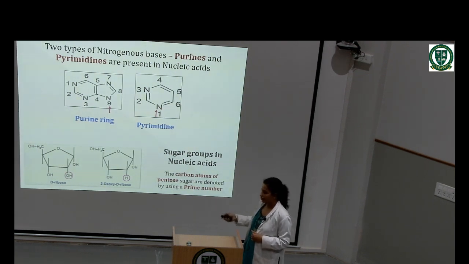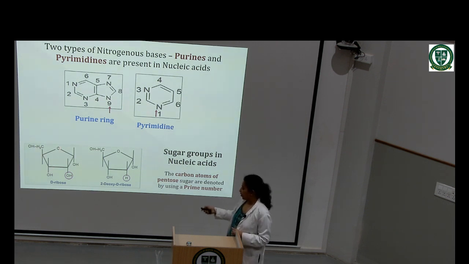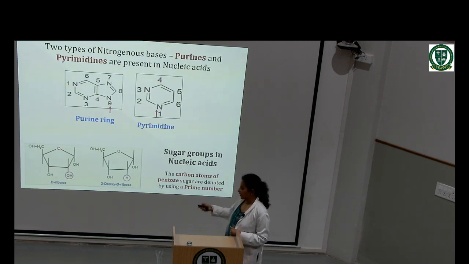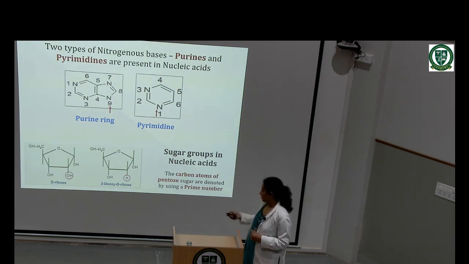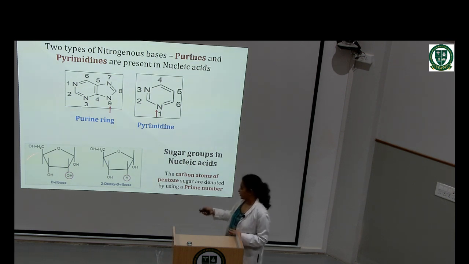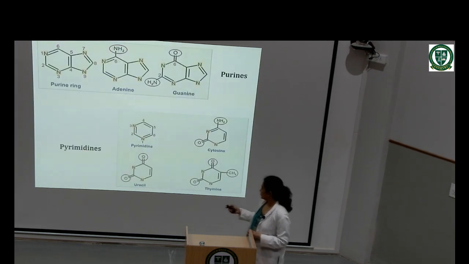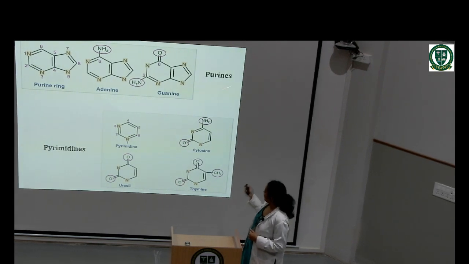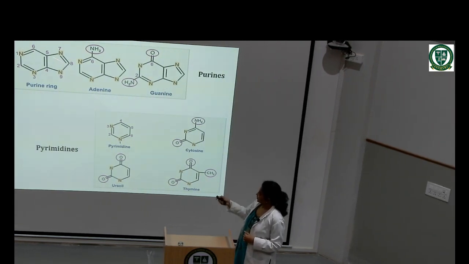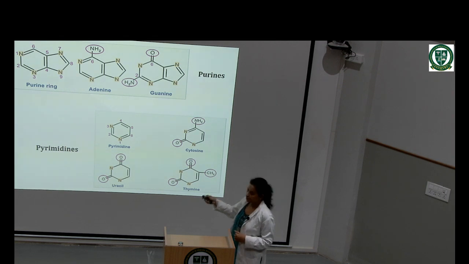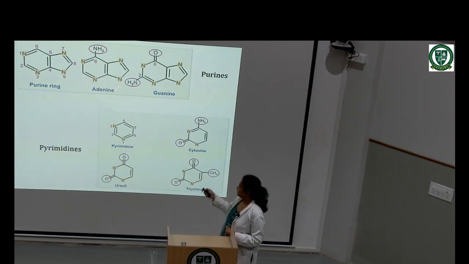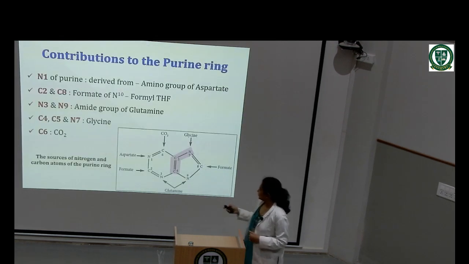And you have to remember that the numbering of the carbon atoms in the pentose sugar is primed. Okay. So when we are referring to prime numbers, you should remember that it's with respect to the pentose sugar. Now, coming to the details of purines, this is the general ring structure of a purine ring, and here are adenine and guanine.